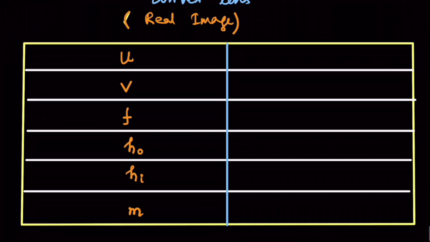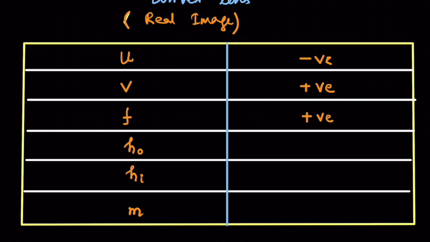So we can substitute the value. U is negative, V is positive, F is again positive, height of object is positive, height of image is negative, and M, which is the linear magnification, is considered as negative.